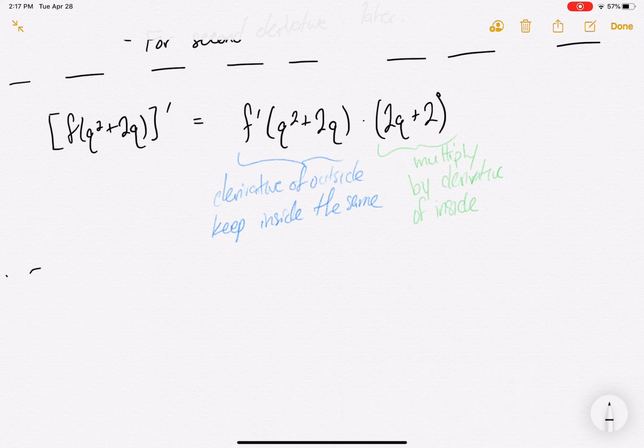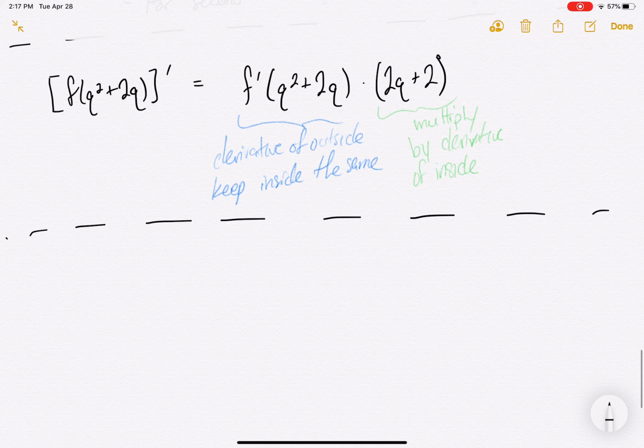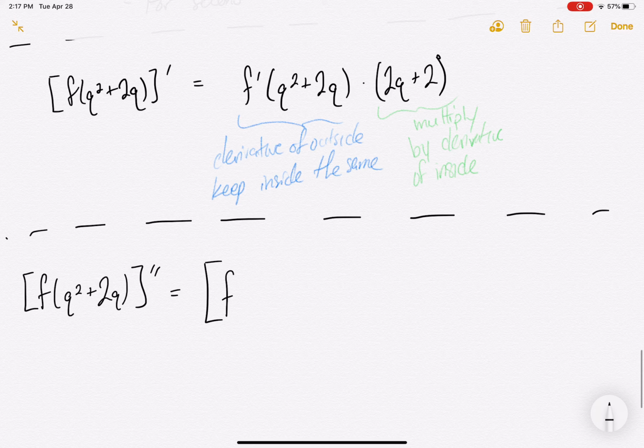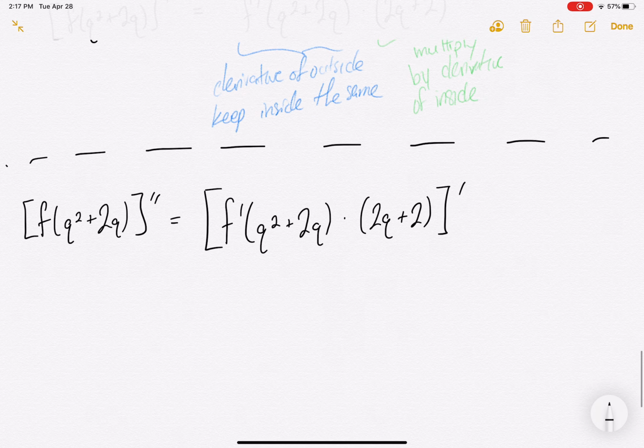That's the first derivative. But now we want to take the second derivative. So the second derivative is going to look like, I'll just write it out in prime. So there's 2 primes. It's going to be this piece that we just wrote times 2q plus 2 prime.